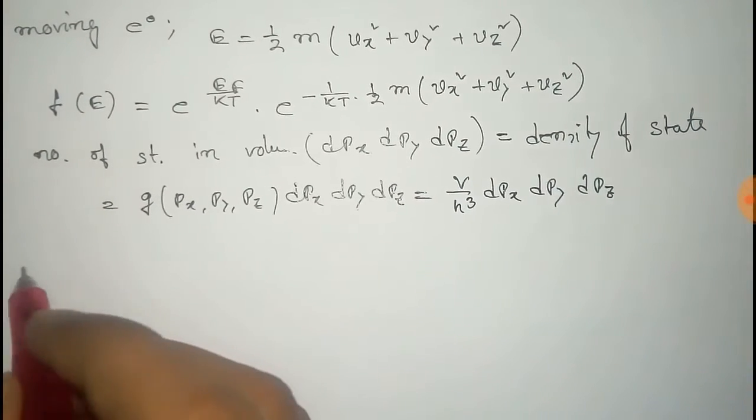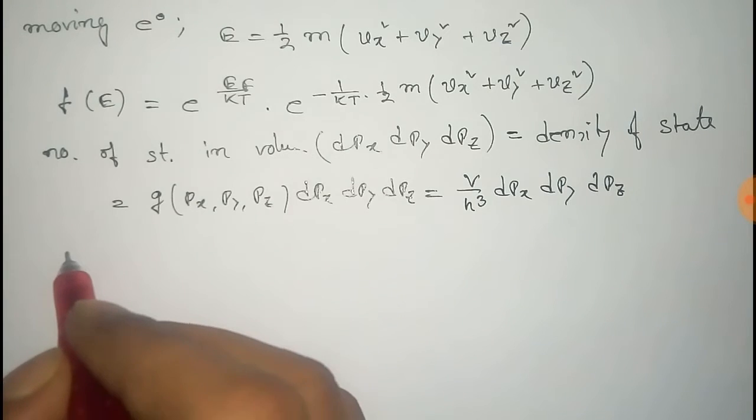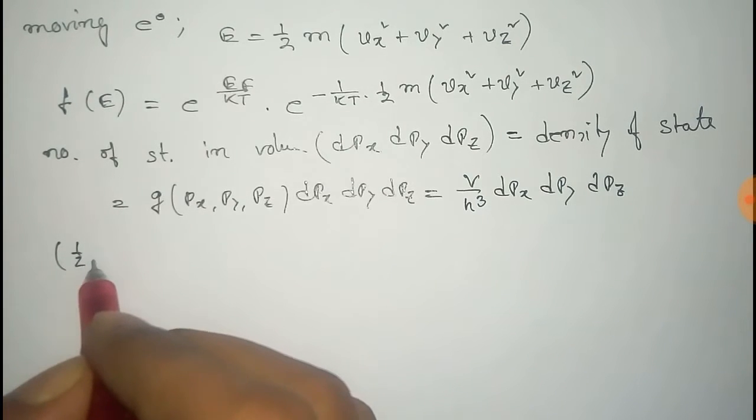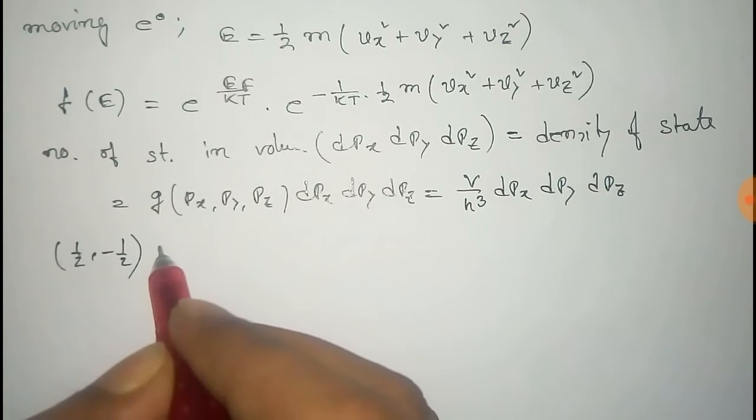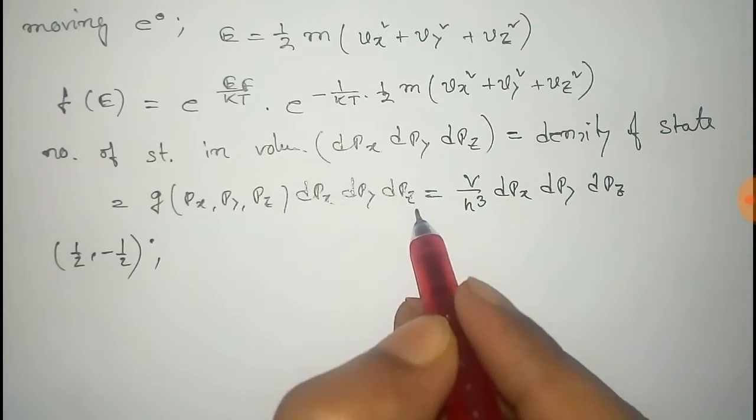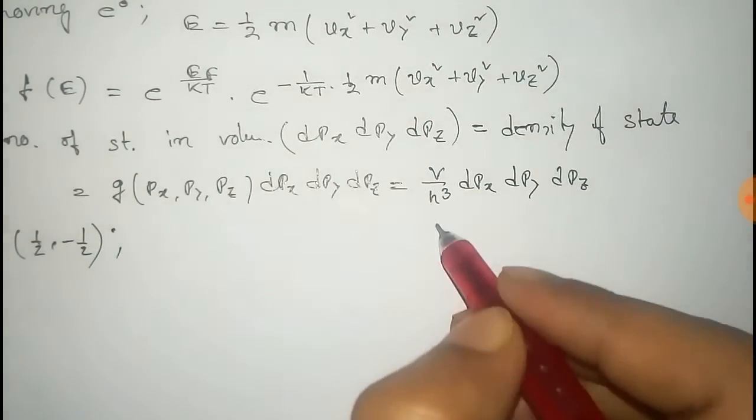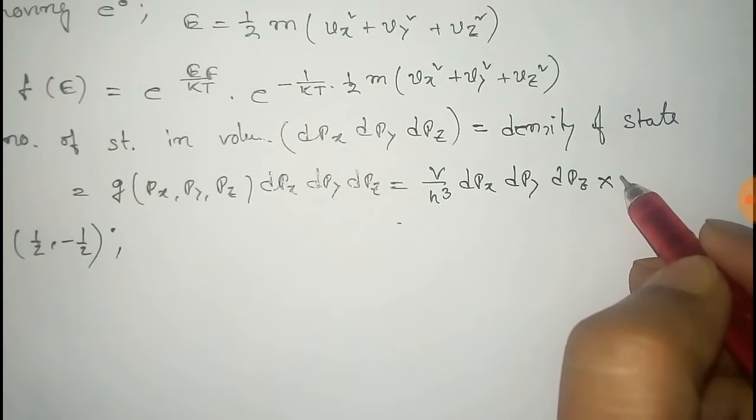Now considering the spin degeneracy of the electron, that is plus half and minus half, we get the density of states multiplied by 2.